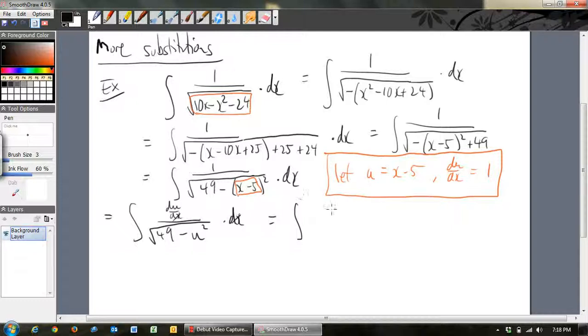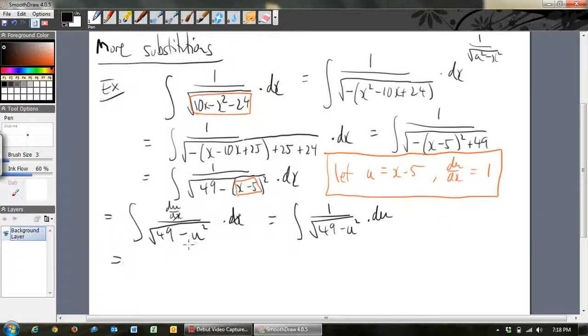Those dx's will cancel, and you're left with the integral of 1 over the square root of 49 minus u squared, du. Hopefully you recognize this. Just a reminder that arc sine x was the antiderivative of 1 over the square root of a squared minus x squared.